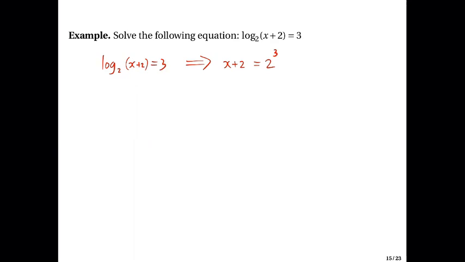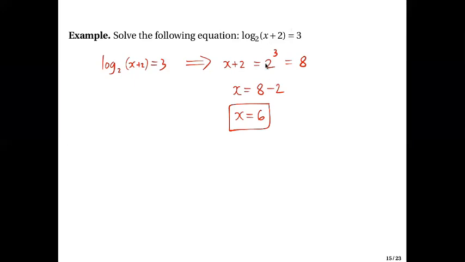But 2 to the 3, that's 2 times 2 times 2, that's equal to 8. And therefore, you have x equals 8 minus 2, or x is equal to 6. So this is our answer.